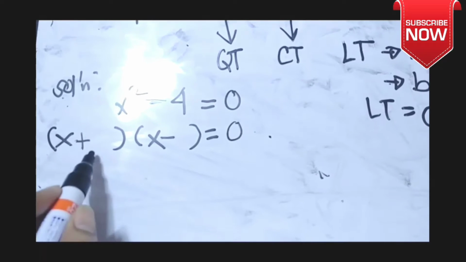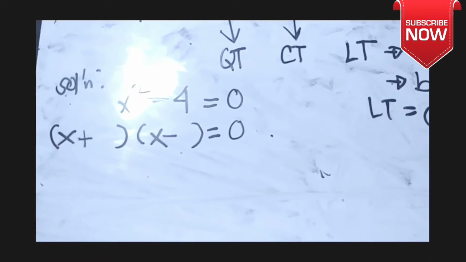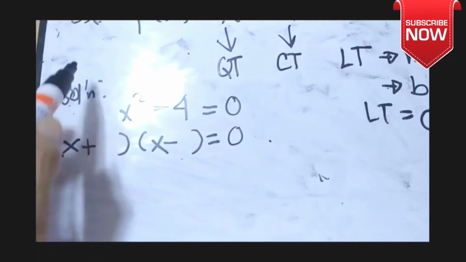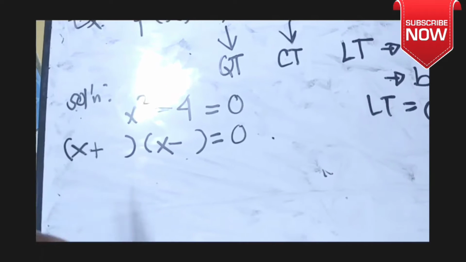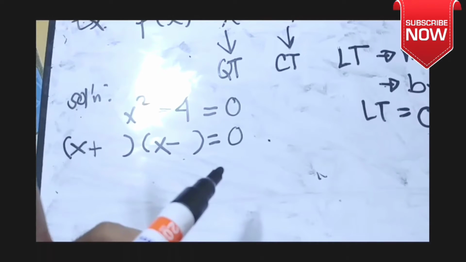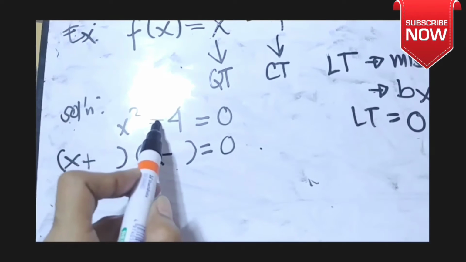Okay? Ngayon, ang problema na lang natin kung ano yung numbers na ilalagay natin dito, dalawang numbers, pwedeng magkapareho, pwedeng magkaiba, nakukumpleto sa quadratic, sa factoring equation. Okay? So ngayon, let us think for the two numbers na pag minultiply natin, ang sagot ay negative 4.